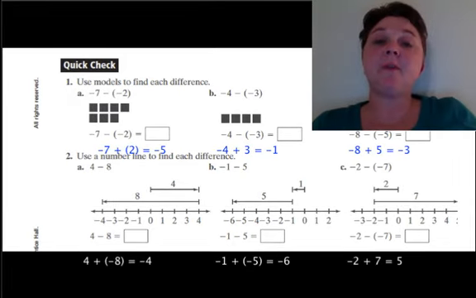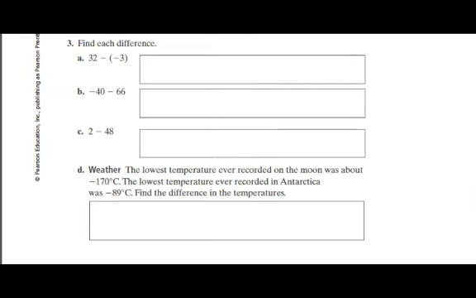Pause the video at this time if you need to copy any of the notes down. Try the last set of examples on your own. Try 3A, B, C, and D. Pause the video right now so that you can work these problems out and check your work when you're finished. For 3A, 32 minus negative 3.